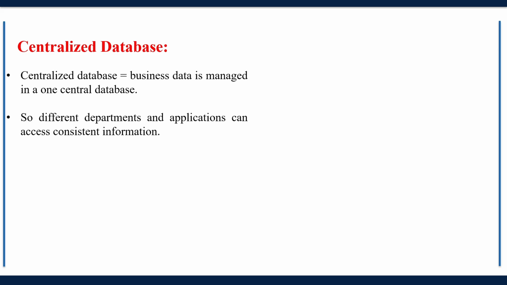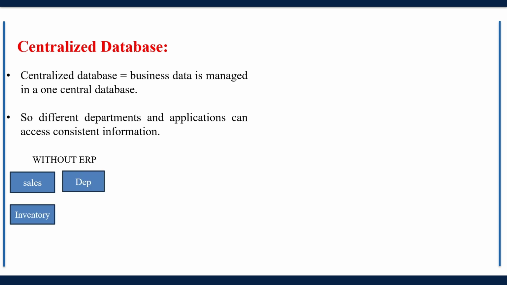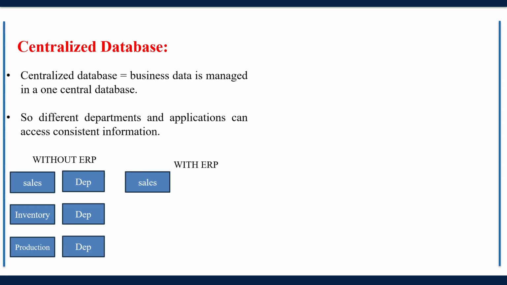So we will discuss the centralized database. A centralized database means the important data of different departments is stored and managed in one central database, instead of each department maintaining completely separate databases. Without an ERP, the sales department, inventory department, and production department each have their own databases.